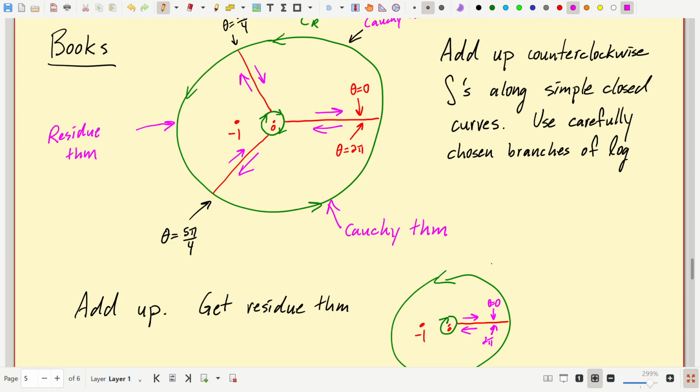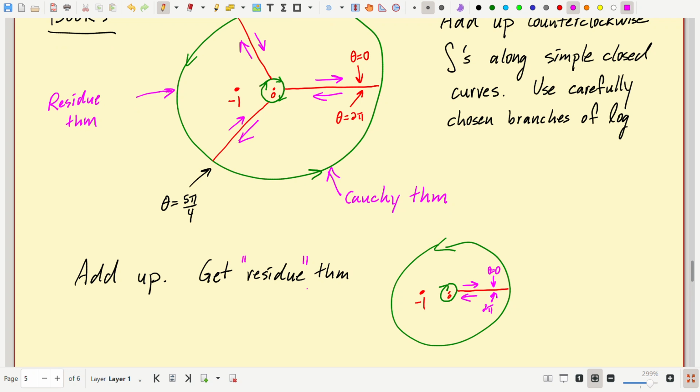And they note that they get cancellation along the cuts where they were careful to glue it together, but for the one where they couldn't glue it together, when they get around all the way 2 pi, they have to use a different branch on the other side than the top side. It leads to exactly the same conclusion. I'll put this residue theorem in quotes because it's not the standard residue theorem, because of that double crossing of that red cut.